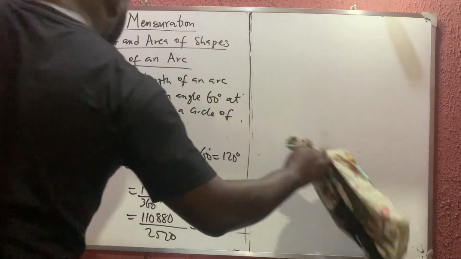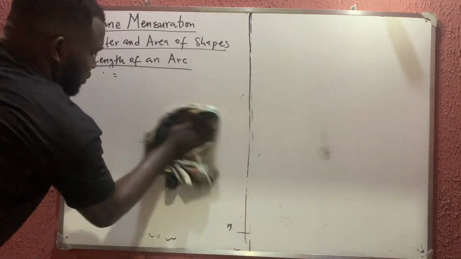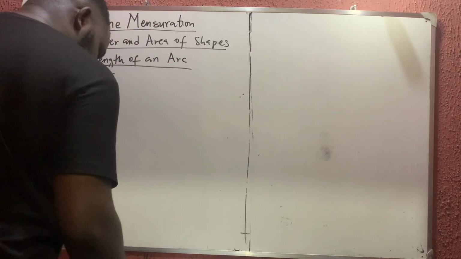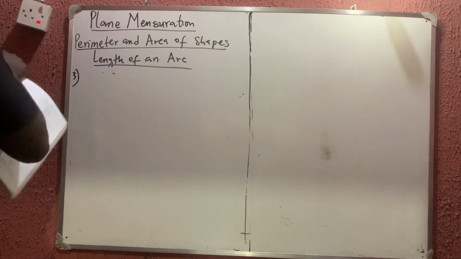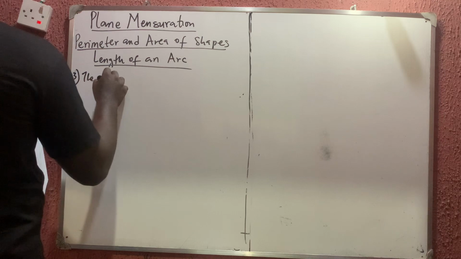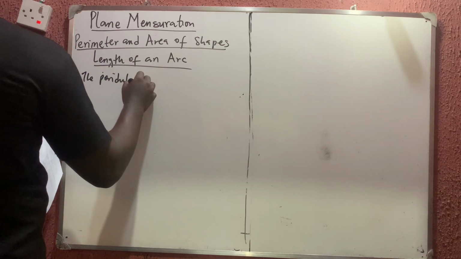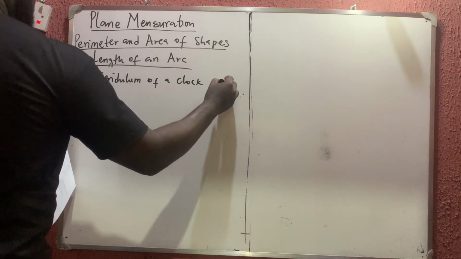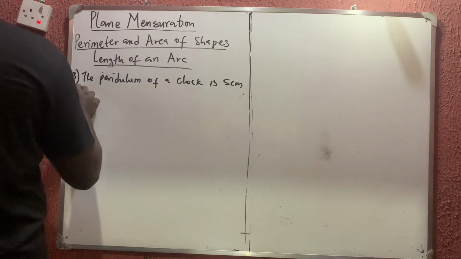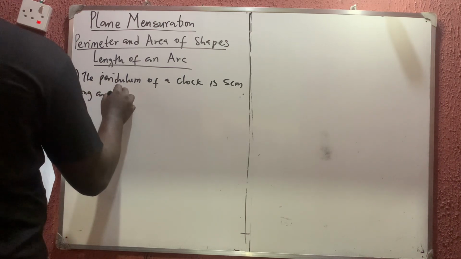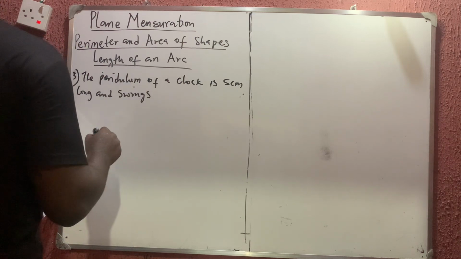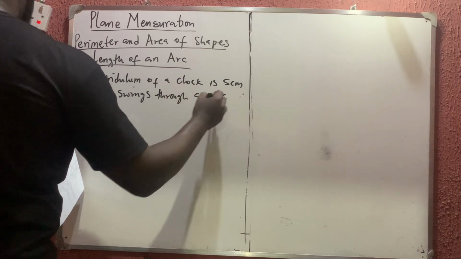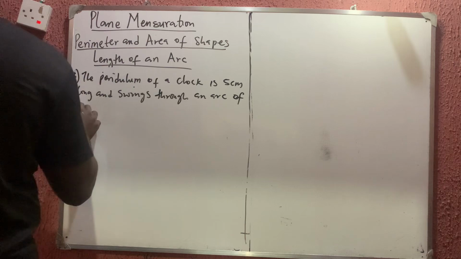The next question here is question number 3. Question number 3 said that the pendulum of a clock is 5 cm long and swings through an arc of 8 cm.